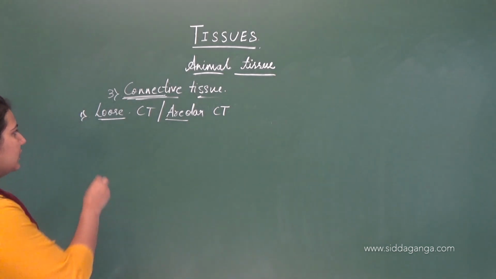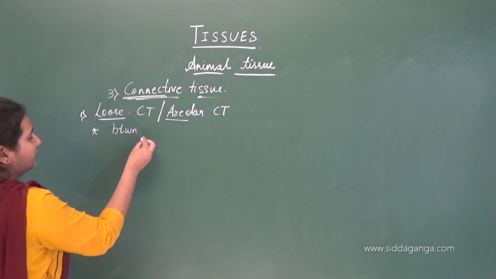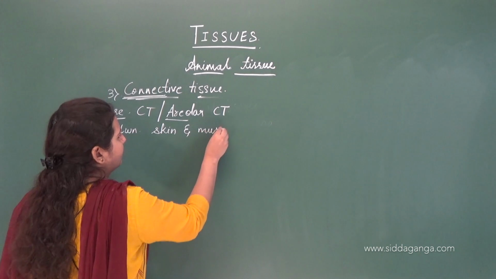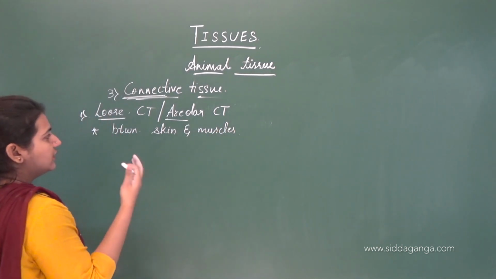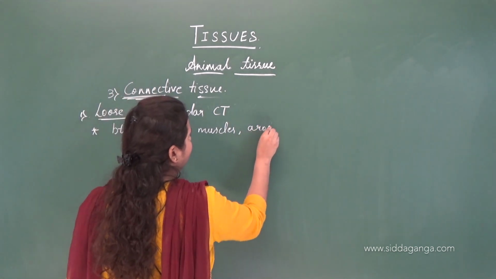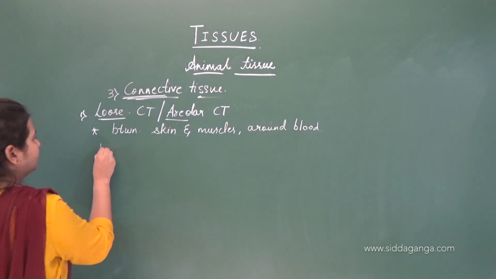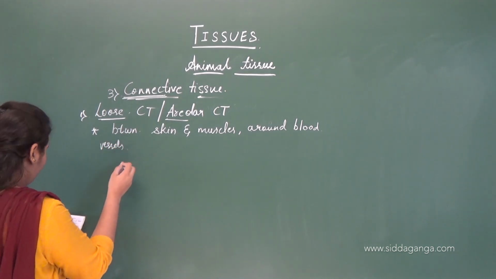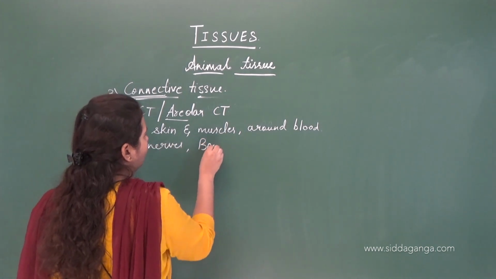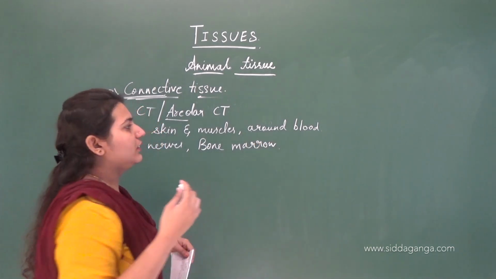It's not so dense. Where is this present? This is present between the skin and muscles, also around blood vessels and nerves, and also in bone marrow. So these are the places where you can see this loose connective tissue.